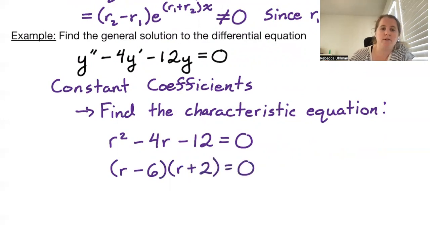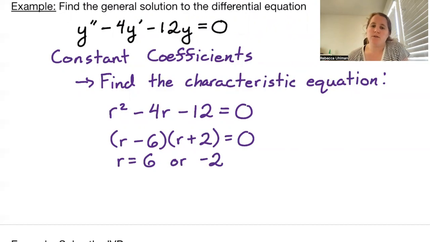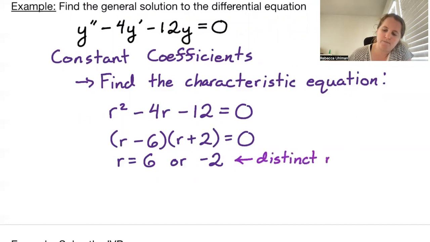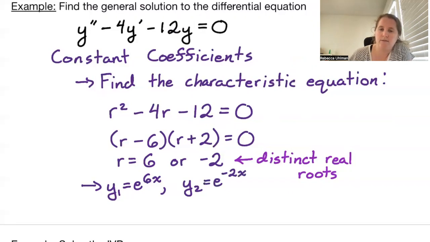Is that equal to 0? So we get r is equal to 6 or -2. There are two distinct real roots, so we're in our distinct real roots case. So we get y1 equals e to the 6x, or e to the 6t, depending what variable you want to work with. y2 is e to the -2x.